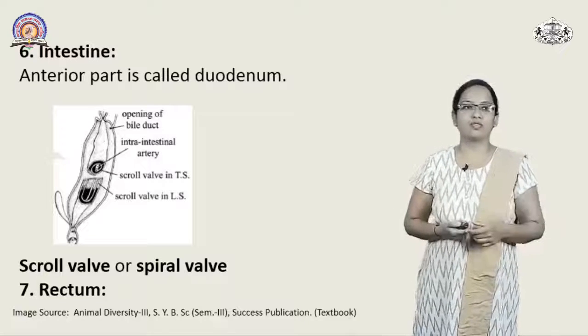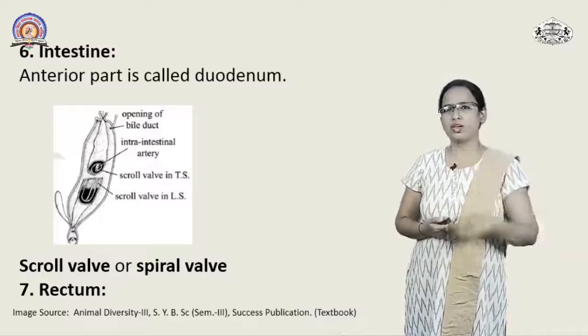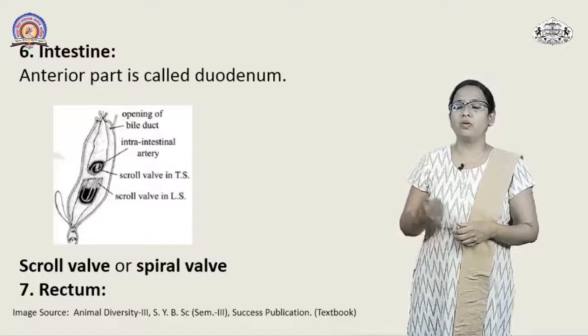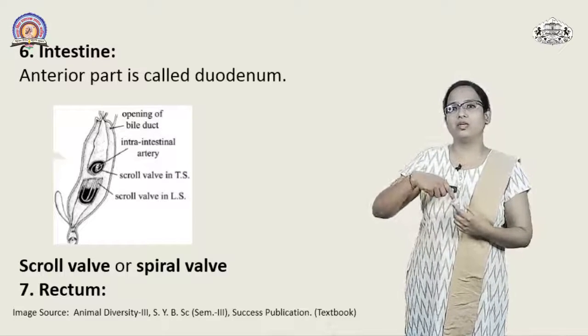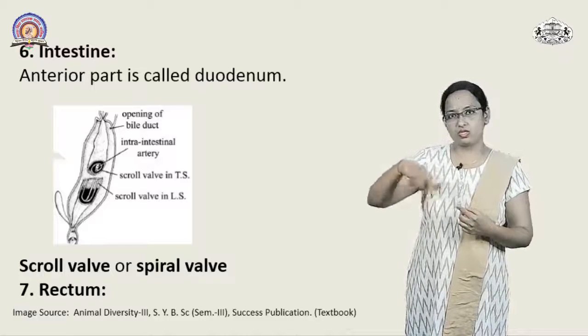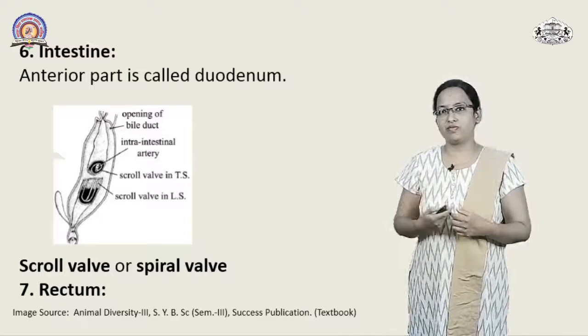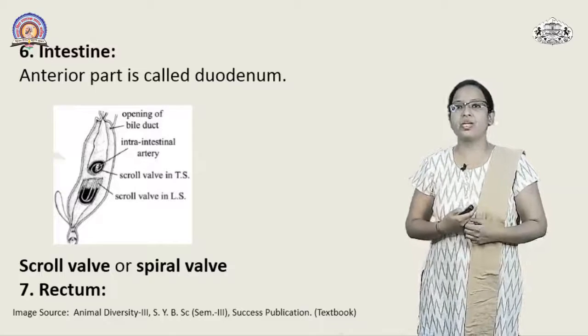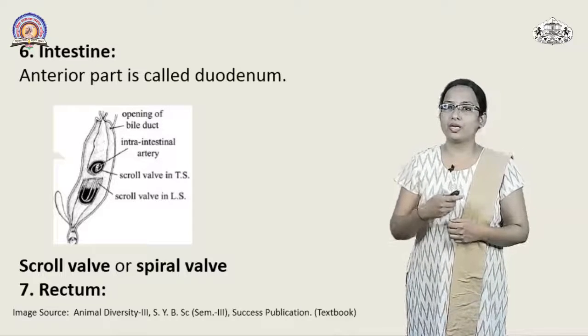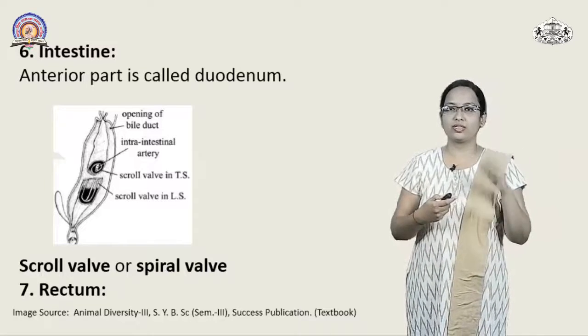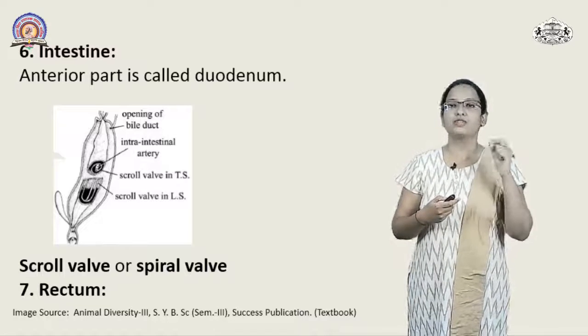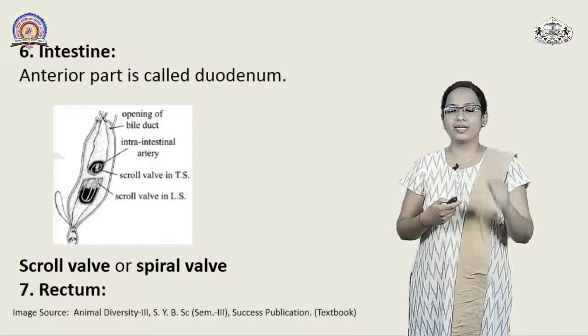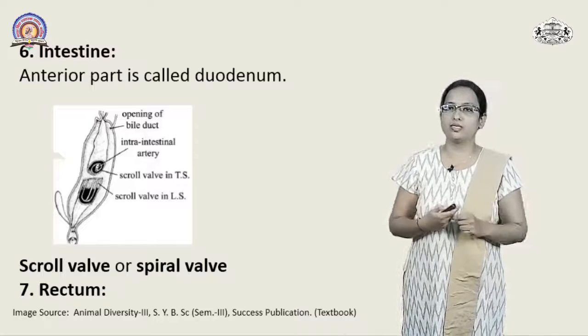In the case of this organism, Scoliodon sorrakowah, there will be 2.5 spiral turns present in the intestine, and they go in the anti-clockwise direction. So there is a fold present in the intestine which has 2.5 turns and is anti-clockwise in direction.